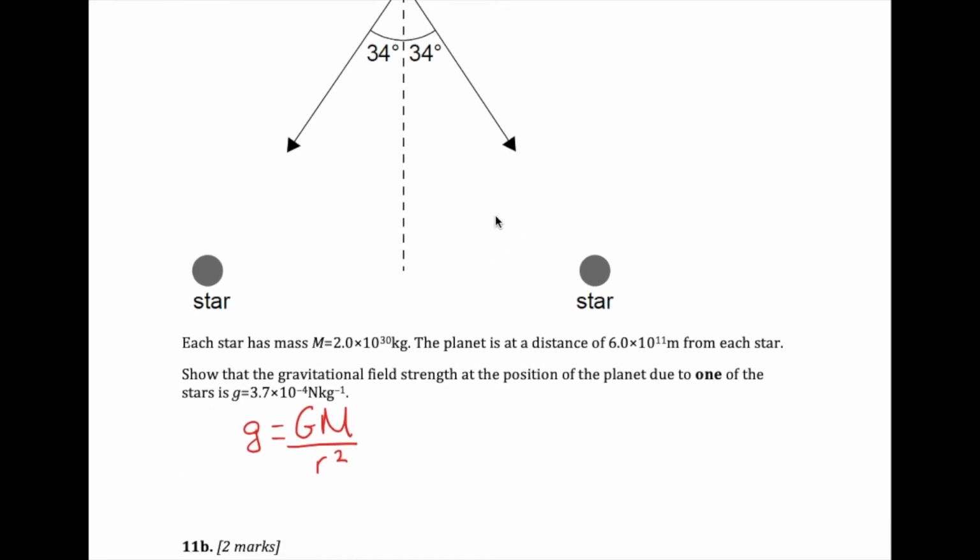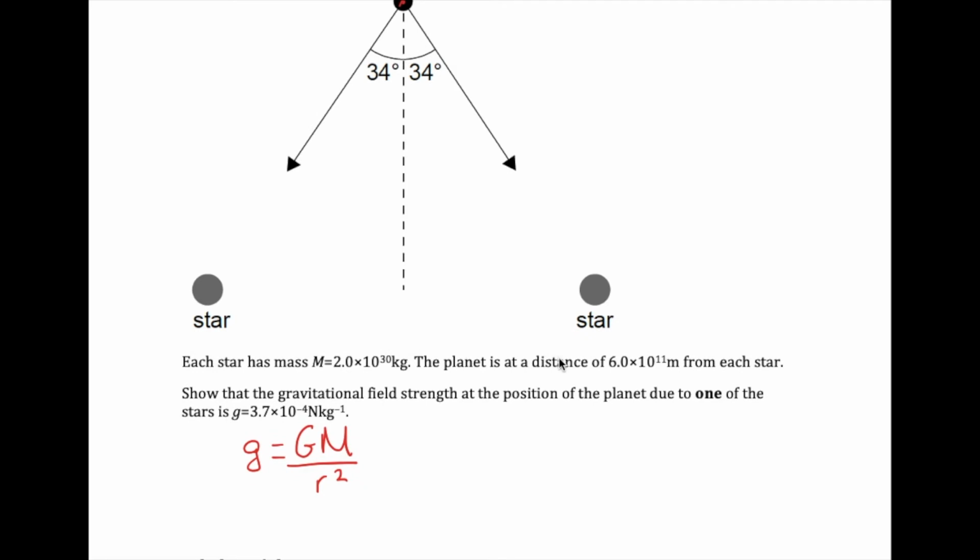So first we're looking for the gravitational field strength at that position due to one of the stars. Since we have a distance of 6 times 10 to the power of 11 meters, as shown on the picture, and we know each star mass.